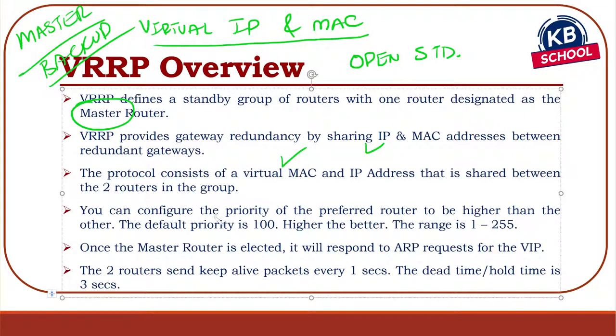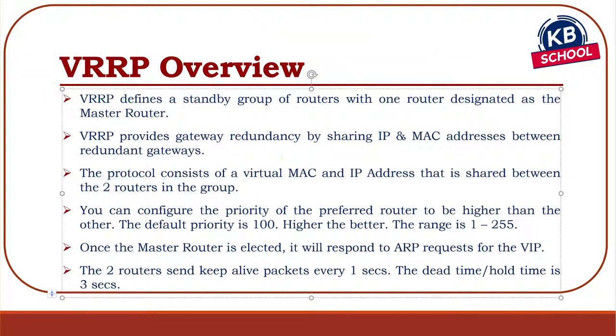Again, just like HSRP, the default priority is still 100. Higher the better. And if you want one router to be preferred, you increase the priority over here. The range again is between 1 through 255. There is one difference over here though. If you guys remember in HSRP, preemption had to be enabled.